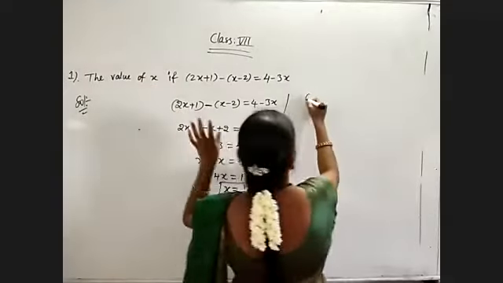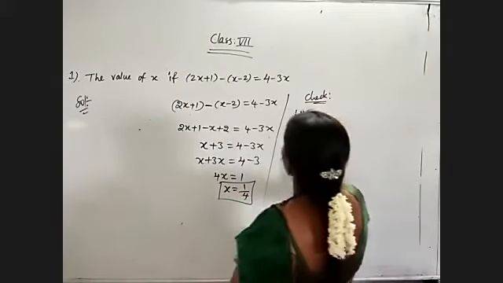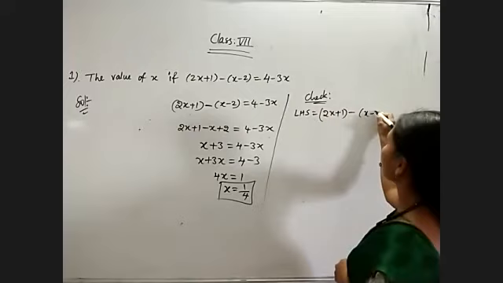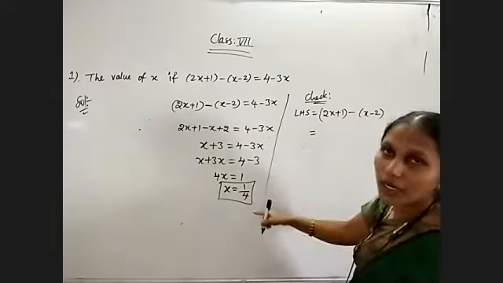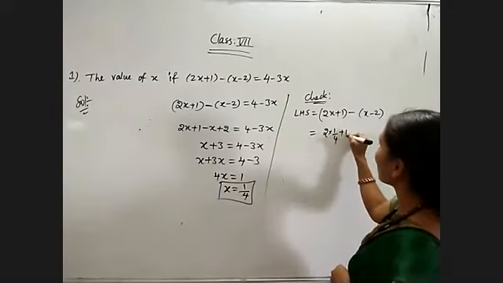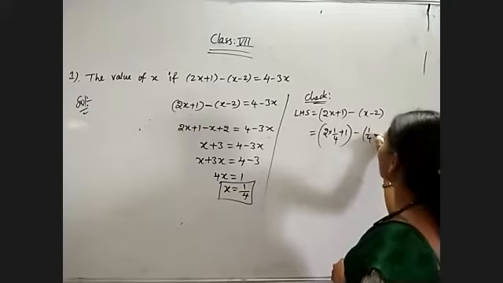So, checking. The LHS of the equation is 2x plus 1 minus (x minus 2). We got the x value as 1 by 4. So substitute x is equal to 1 by 4: 2 times 1 by 4 plus 1 minus (1 by 4 minus 2).